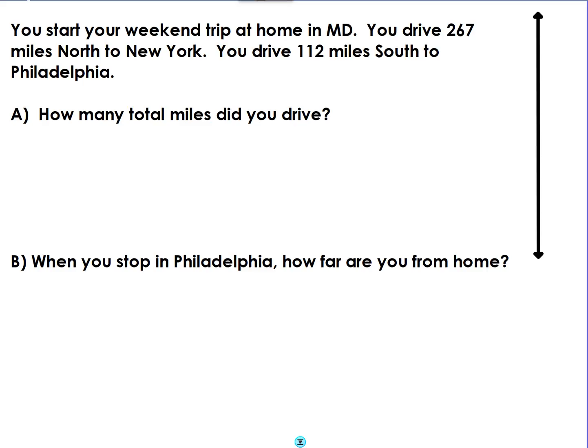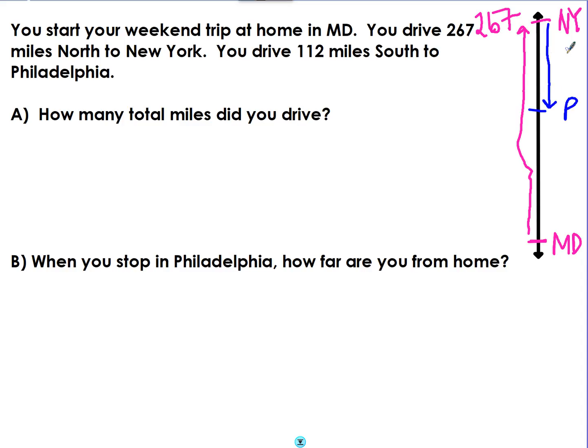So these are distance driving problems. So you're starting your weekend trip at home in Maryland. So let's say this is Maryland. You drive 267 miles north to New York, and then you drive 112 miles south to Philly.